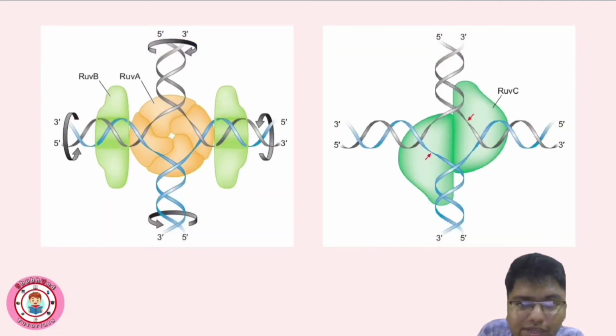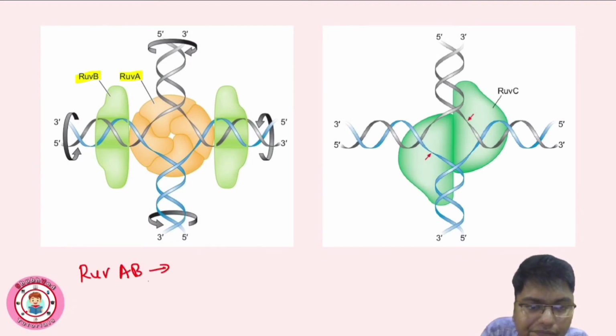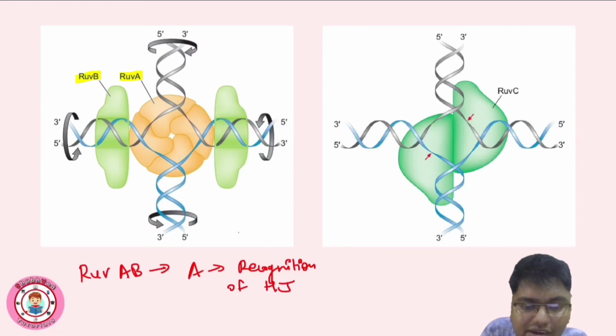Then the next proteins, RuvA, B, C. Okay, first of all, A, B. These are for the, what we can say, RuvA, B. So A is for the recognition of Holliday junction. Holliday junction, HJ, I will write here.